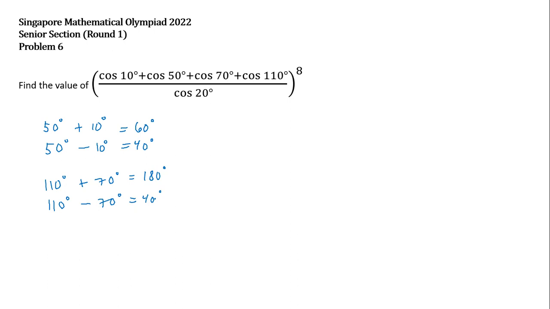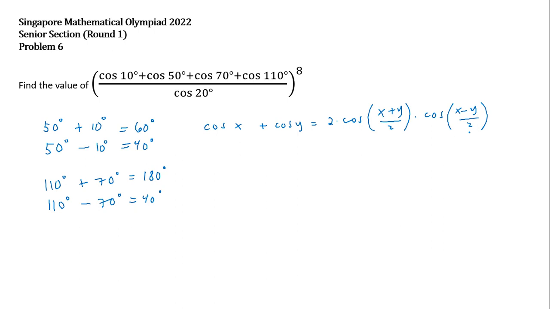Okay, and the identity that I am thinking right now is the sum to product identity: cosine x plus cosine y equals 2 times cosine of x plus y over 2 times cosine of x minus y over 2.